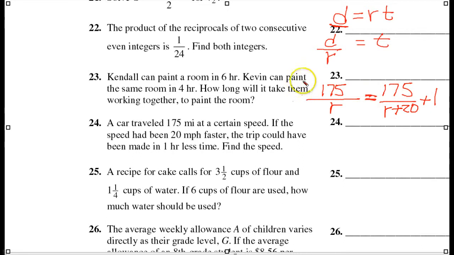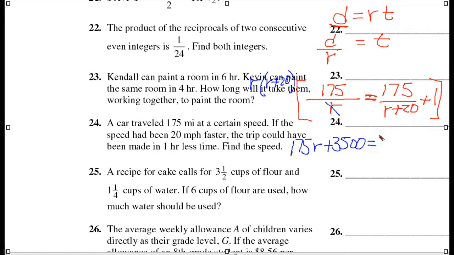Now we multiply each term by the lowest common denominator, which is r times r plus 20. Here the r's cancel out, and we get 175r plus 3,500. I worked this out already.